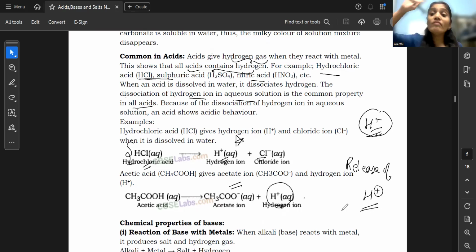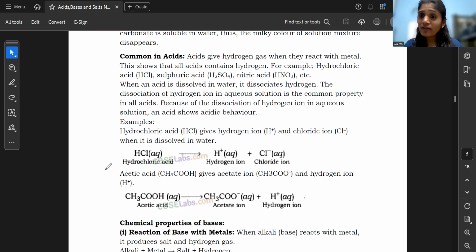Now, how did we even assume that there might be hydrogen in the acid? Because acids on reaction with metal were giving hydrogen gas. So with the assumption that they might have hydrogen, we did our experiments, and we clearly proved that acids, when they dissociate, release H plus in water.